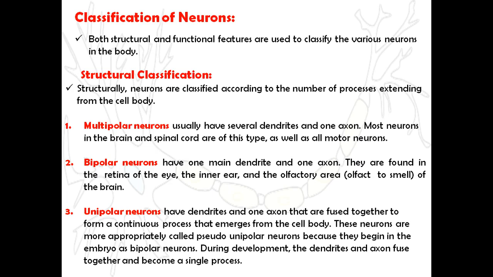These neurons are more appropriately called pseudo-unipolar neurons because they begin in the embryo as bipolar neurons. During development, the dendrites and axon fuse together and become a single process.